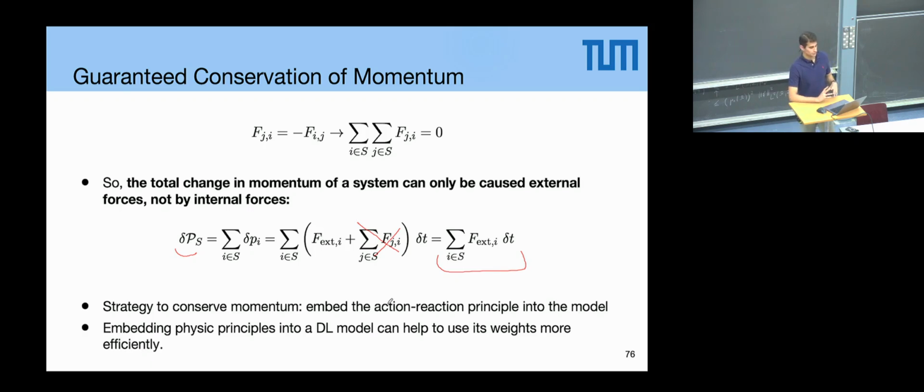So if we manage to embed this symmetry, the action-reaction principle, into our message passing layer, then we are going to be ensuring that the linear momentum of the system is preserved. We just need to see how we can guarantee that we are respecting the action-reaction principle.